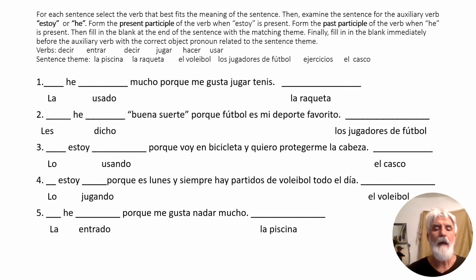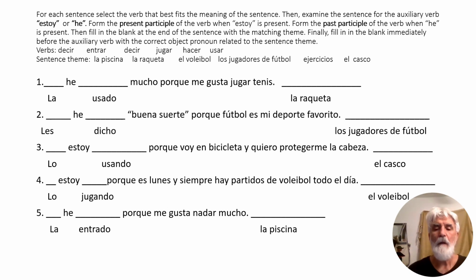Okay, and then in your first space, you have to get the word it, is basically the idea. What you're doing, you get rid of the object in the sentence. In the first sentence, it was la raqueta, and you got to make it, so it becomes la. Okay.